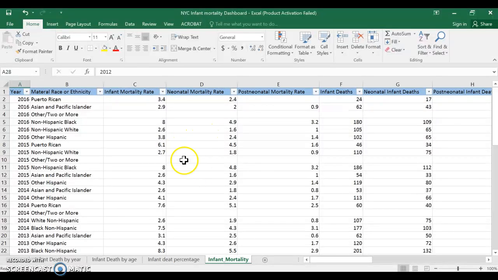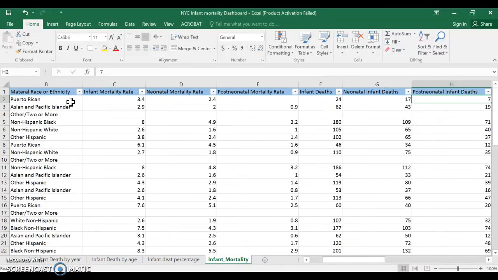As you can see here in this data set, it shows how many children were born in a specific year, their maternal race, then infants aged between day 1 to day 28 and their mortality rate, and infants between the age of 1 month and 12 months and their mortality rate.